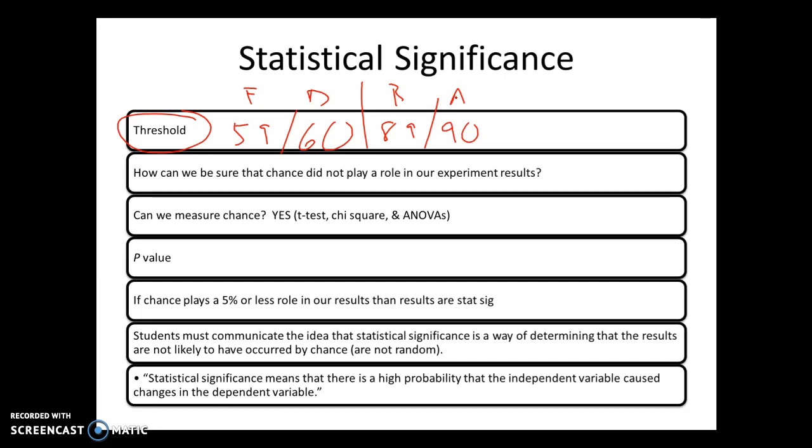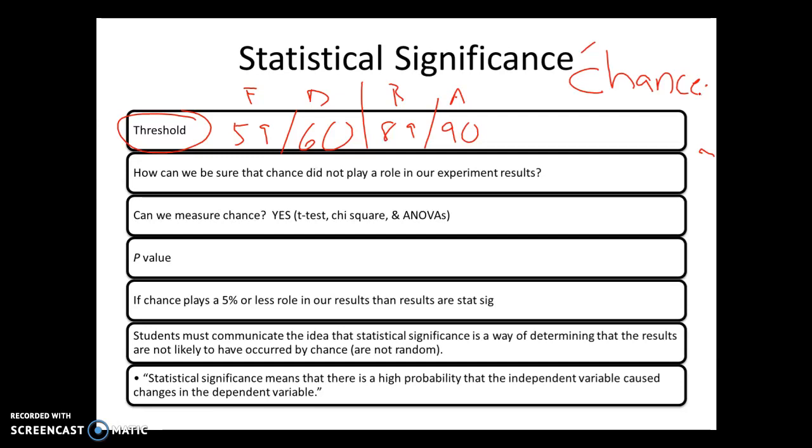So for statistical significance, what we're really trying to measure is the probability and the role that chance played, right? Just randomness, just random differences between people, that has nothing to do with the independent variable that we're exposing certain people to.